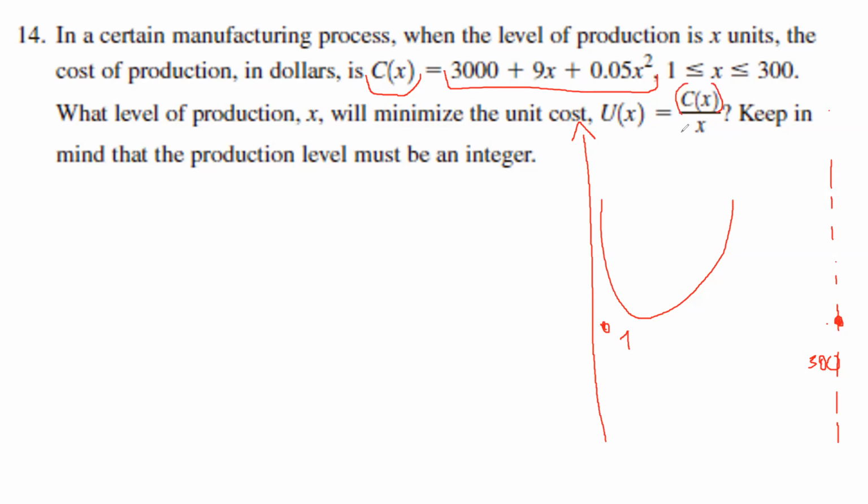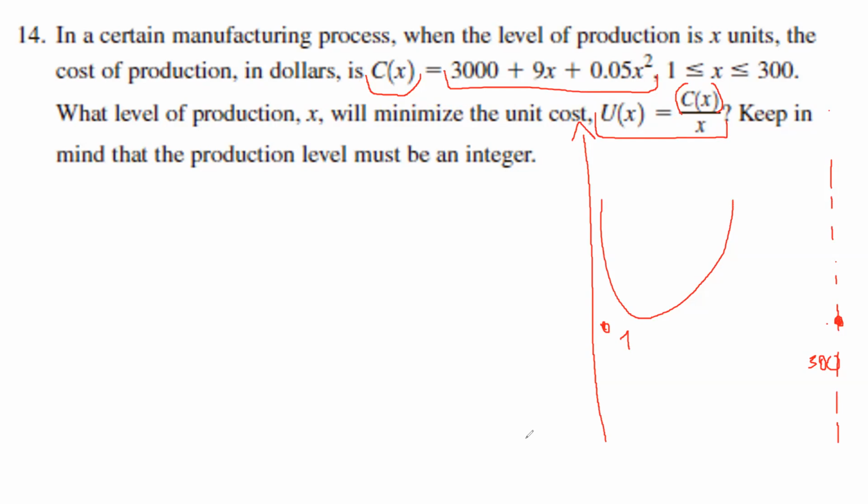There is one more interesting thing to consider, because here we need not to find the minimum cost, but the minimum cost per unit. So we're going to look into the minimum and maximum of this function.